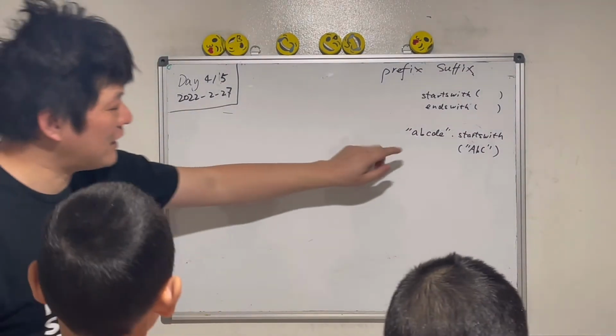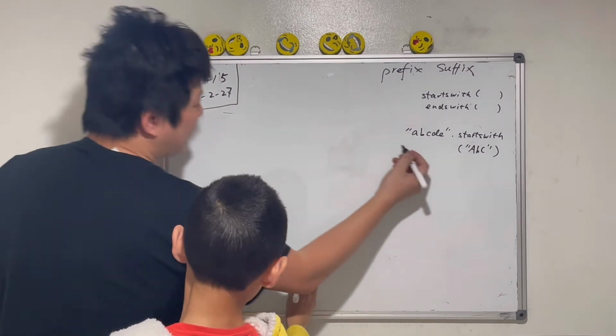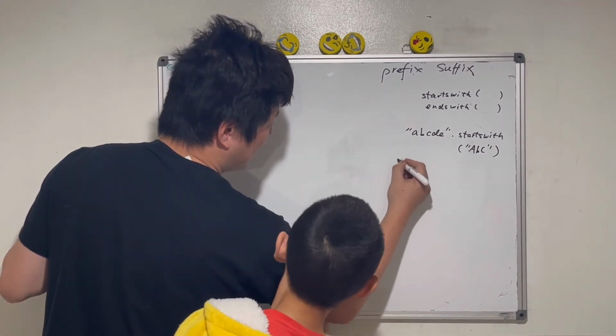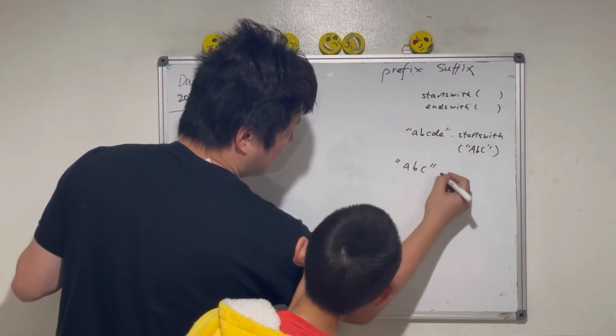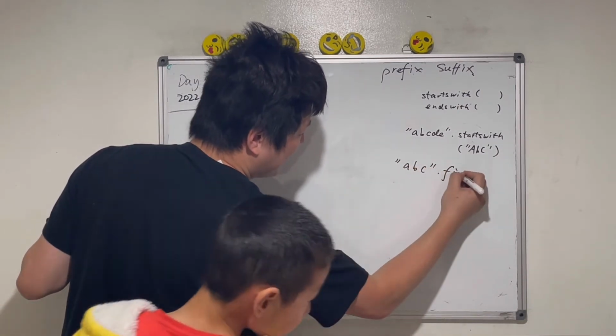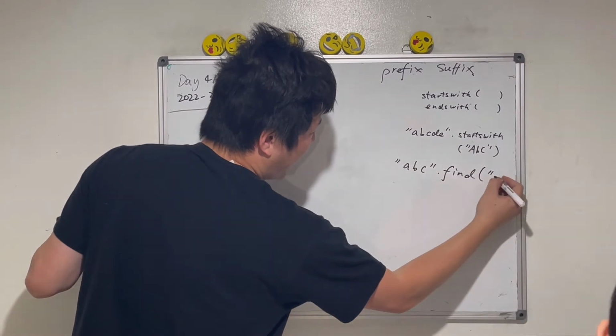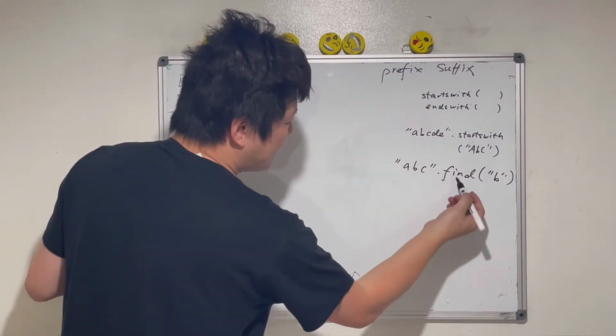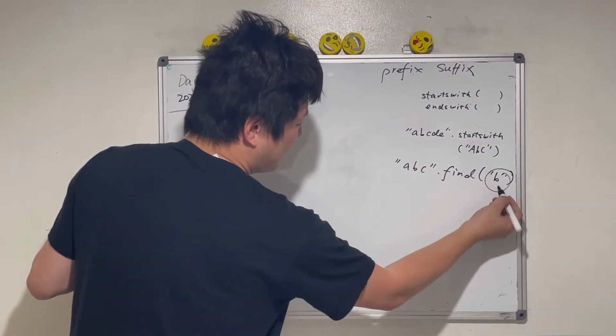In Python we also have find. For example, abc.find("b") gives me the index of the first occurrence of the substring.